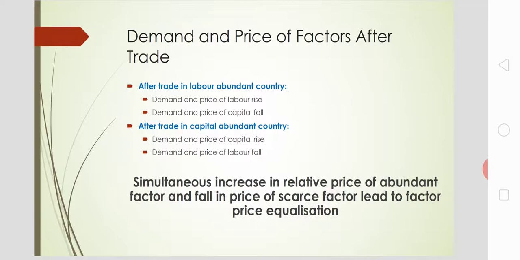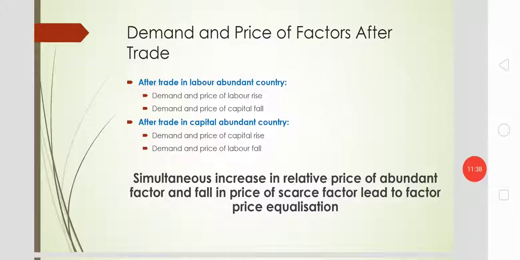Demand and price of labor will fall in the capital abundant nation as less labor is employed. So finally, an equilibrium in the prices in the two nations will be arrived at after international trade. So this is the factor price equalization theorem.